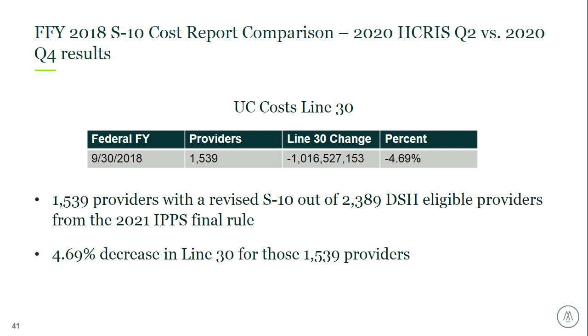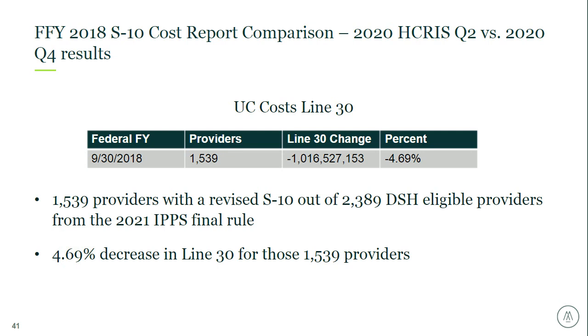The reason we don't have the full listing of audit results is because these audits that were set to be completed by the end of last year actually continued into January for a good portion of the hospitals. The results of those audits will not be released into HCRIS until after the first quarter of 2021.